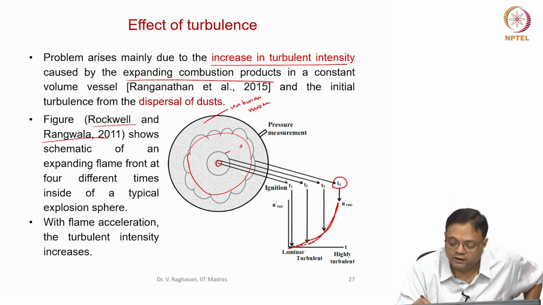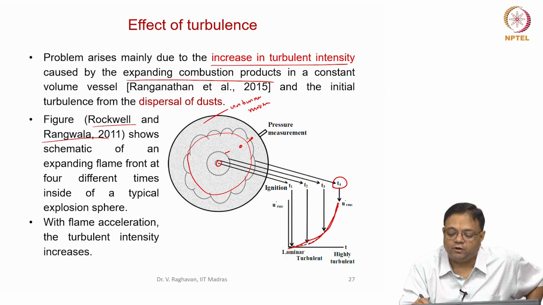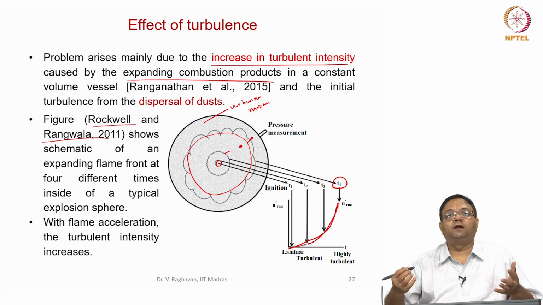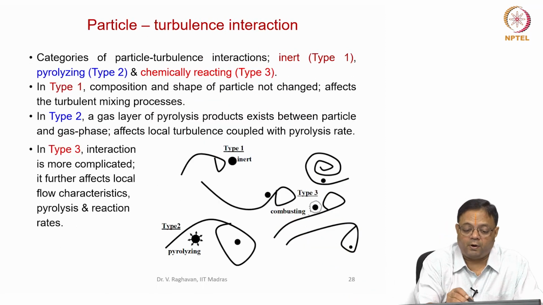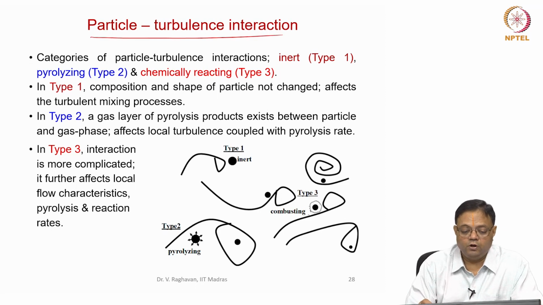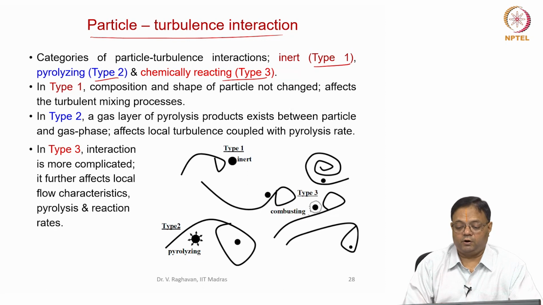But if there are particles, the particles are interacting with the turbulent eddies or the turbulent flame itself, how the interaction will be, that is what is discussed here, the particle turbulent interaction. First of all, there are three types: inert, pyrolyzing and chemically reacting particle.